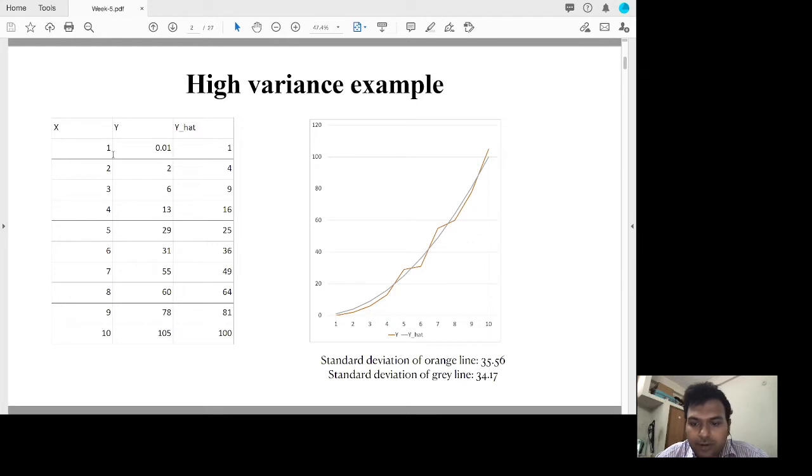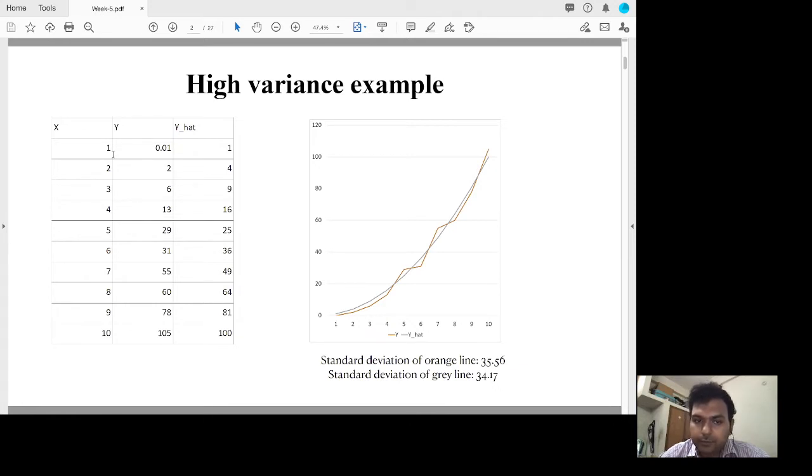That is the orange line, and suppose you fit y equal to x square to this particular curve. For these particular points, you get that as your decision in regression.